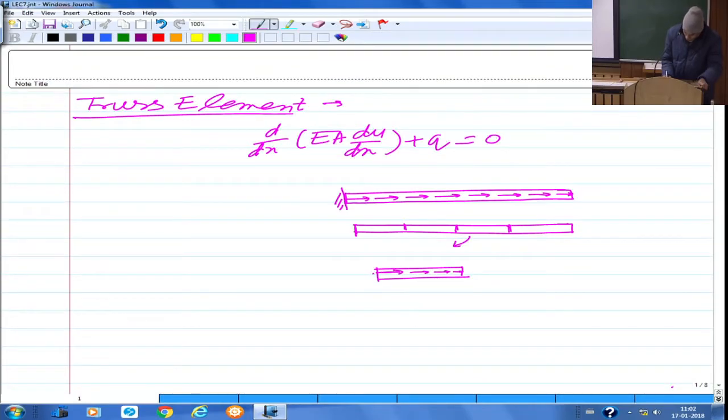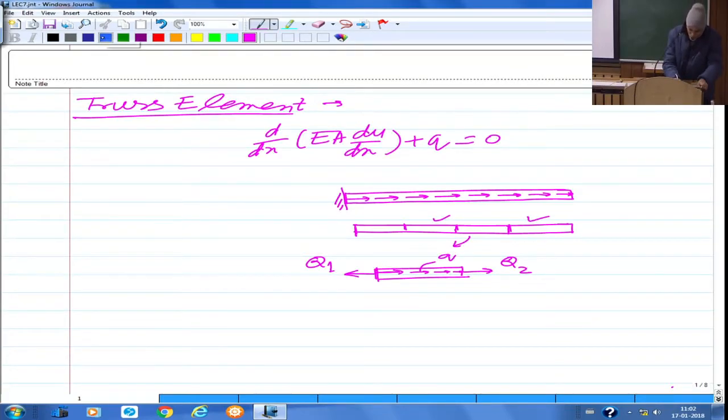Then I said there is a reaction force from this particular element at this point, since the outward normal here is along the negative coordinate direction. So we are taking this force as positive in this direction. Here there would be a reaction from this element at this location, let us say that force is Q2, and this is the distributed force which is force per unit length.